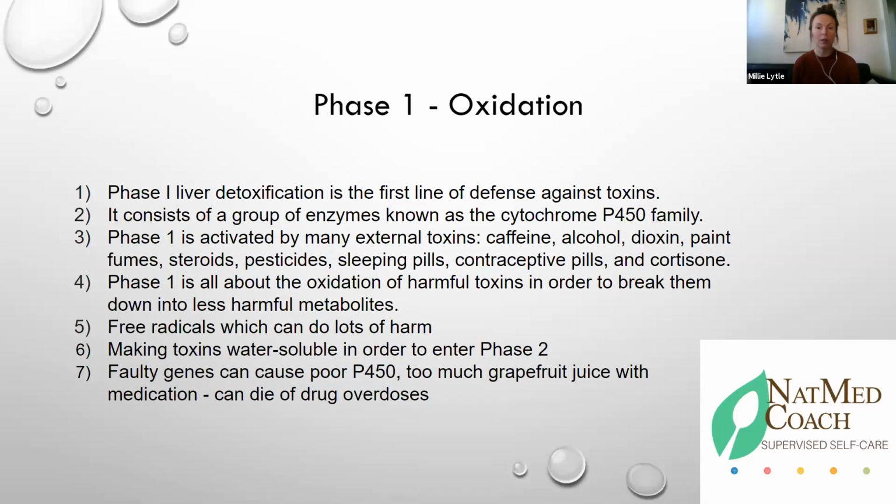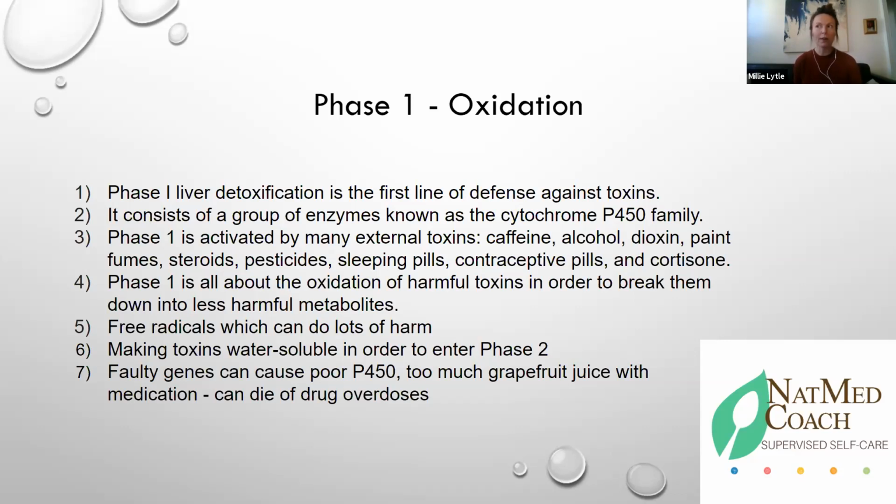So they might kill them prematurely, they might increase the risk of cancer, they might cause advanced aging. And so this in and of itself is dangerous for the liver. And so in the process of phase 1 oxidation or phase 1 detox, what's happening is that the liver is actually at risk of being damaged.